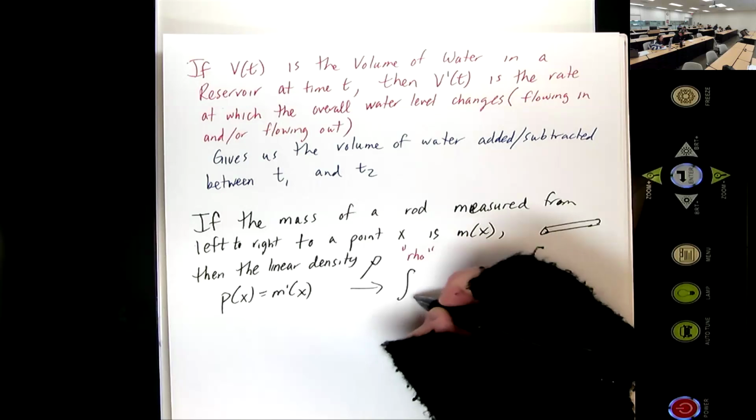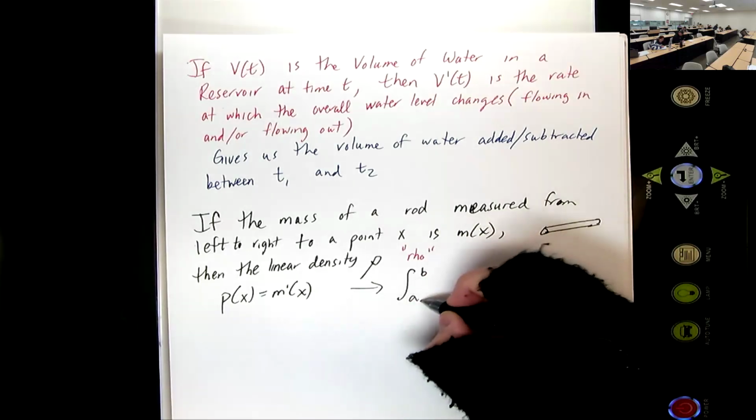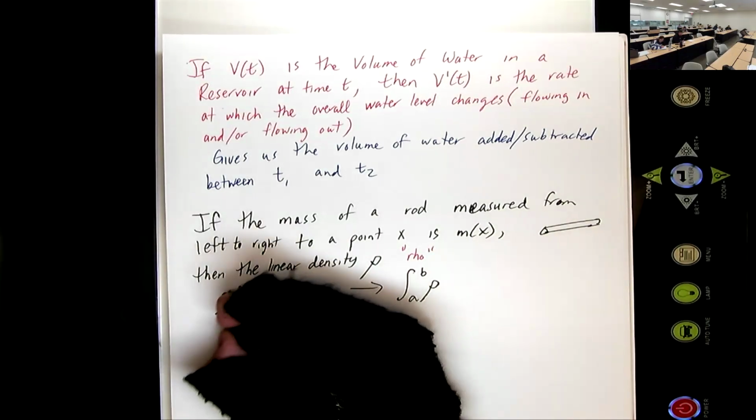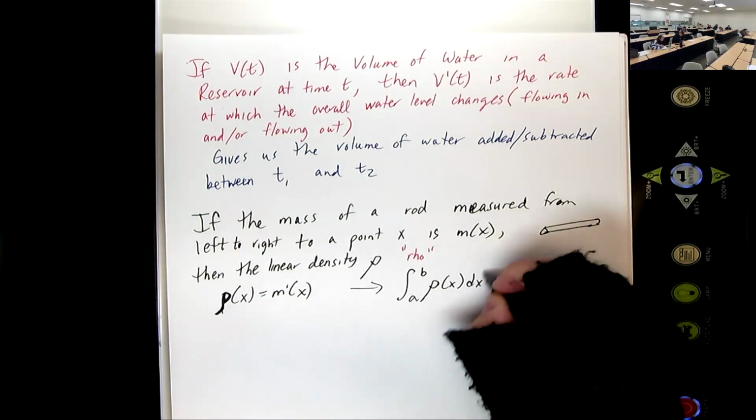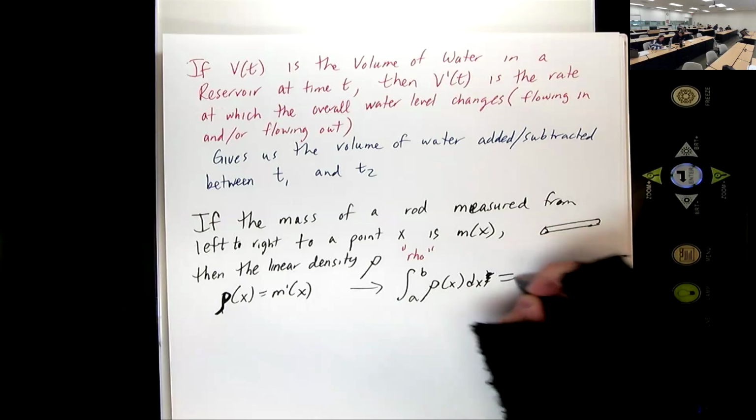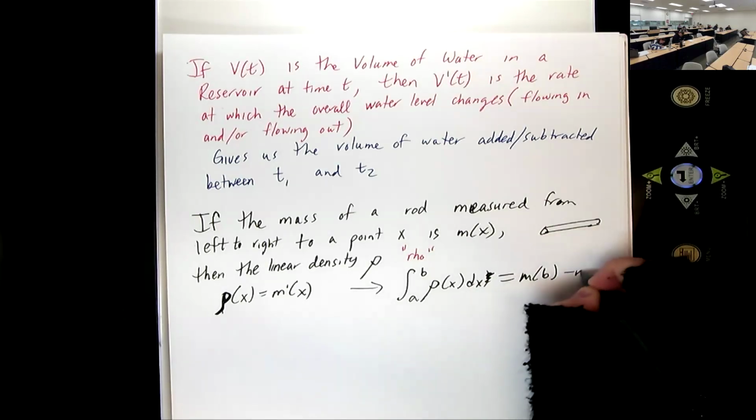And we've got the integral from a to b of rho of x dx, not p, rho, equals m of b minus m of a.